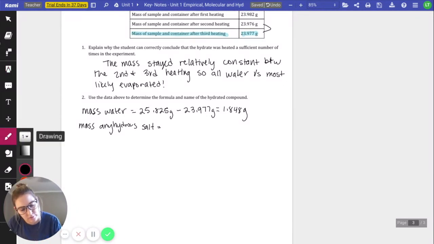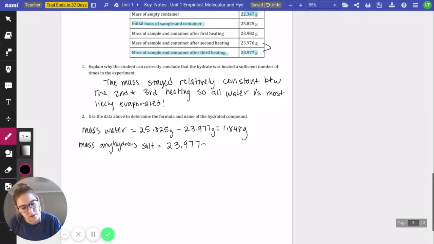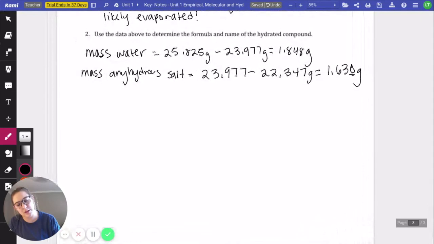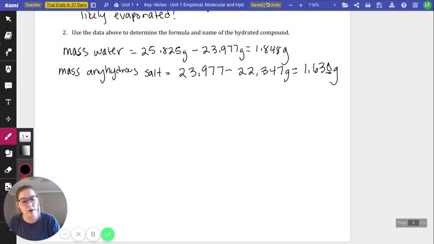So 23.977 minus our empty container, 22.347 grams. And we should get 1.630 grams. Guys, it is important to keep that zero because of sig figs. All right, got to keep it. Sig figs are important.